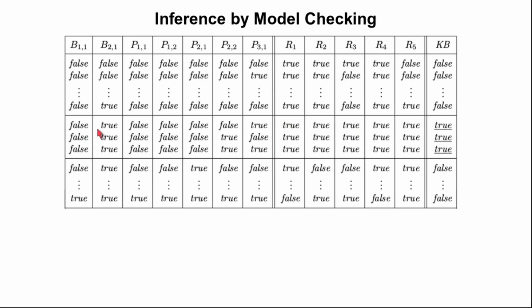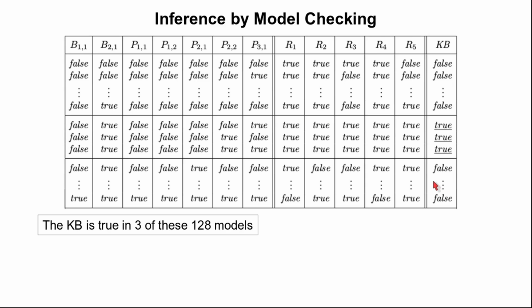And those 3 models are listed here in this table. So these 3 rows, these 3 models, our knowledge base will be true, and for all other models, the knowledge base will be false. So the knowledge base is true in 3 of the 128 models.